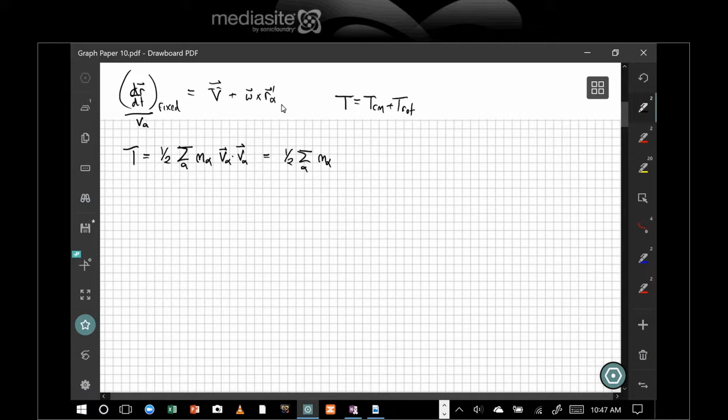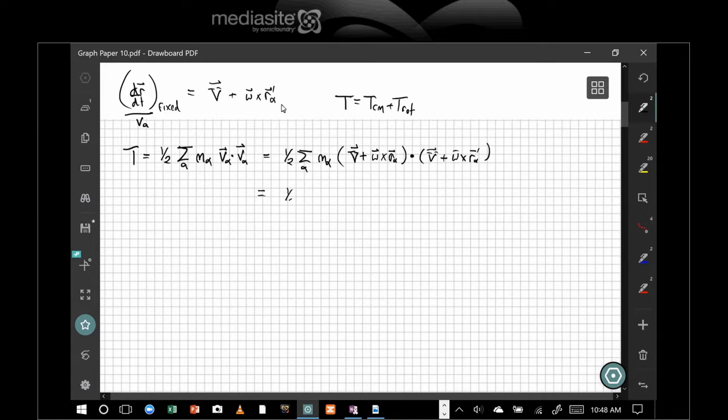The reason why I wrote it as a dot product is because I have to now take a dot product of this thing here, dotted with this thing here. And notice there's also a cross product in there. So it makes life interesting, but that's okay. We're going to handle it.